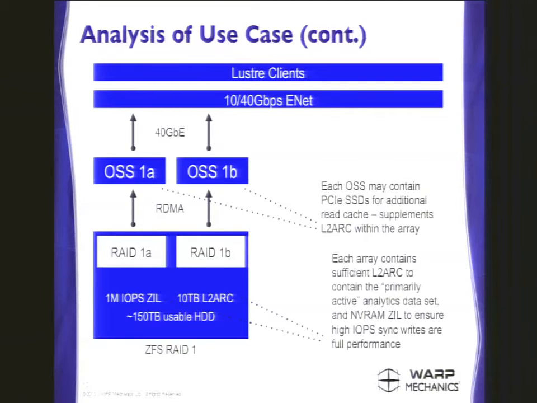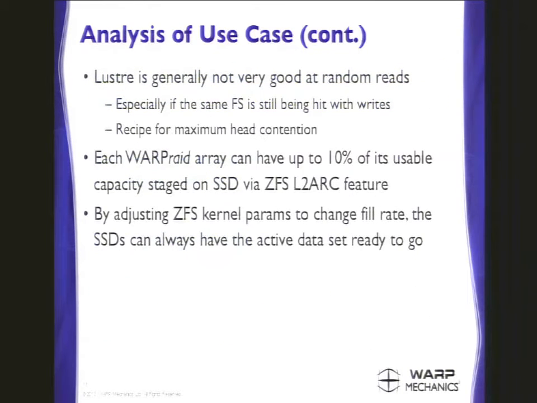So that gets you a little less than 10% of your total capacity on RAID optimized SSD. But when you move to those larger movie formats, you're going to need essentially flash cache SSD within the OSSs as well to get the SSD read cache up to a large enough level.